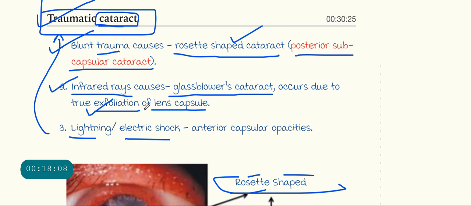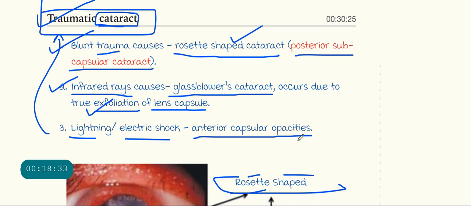Okay, the next cause of traumatic cataract is lightning or electric shock. This can also lead to traumatic cataract, and on the basis of the position it is anterior capsular opacity. So at the anterior capsular level there would be an opacity in the eye.